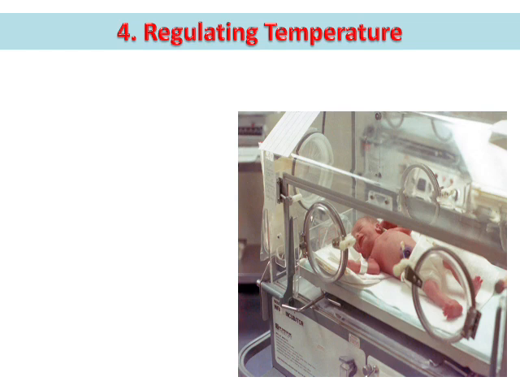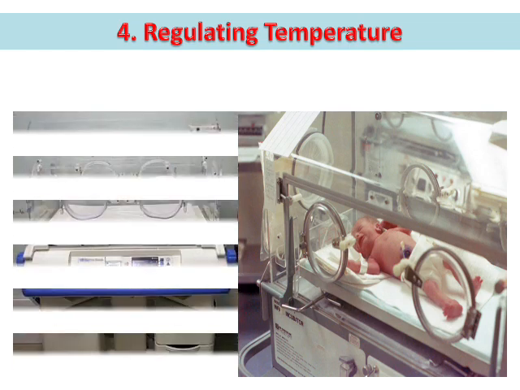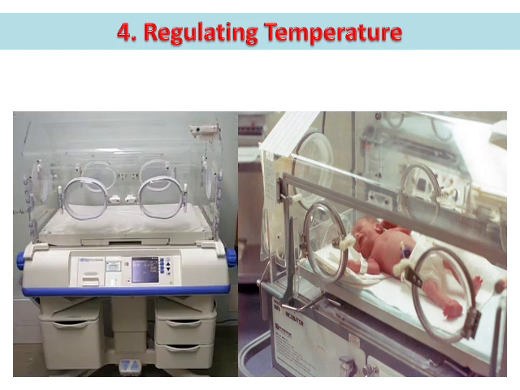First, the child's temperature is well regulated inside because the machine is not open. And it is said that when a child's temperature is very much regulated, the speed of growth is more effective.